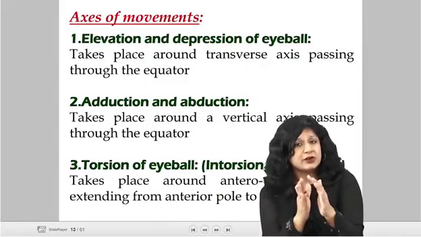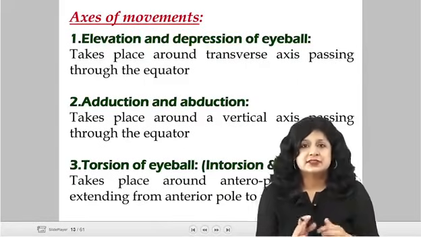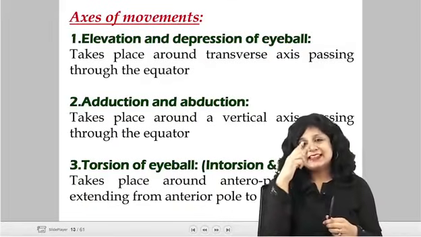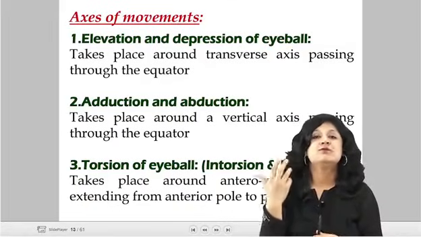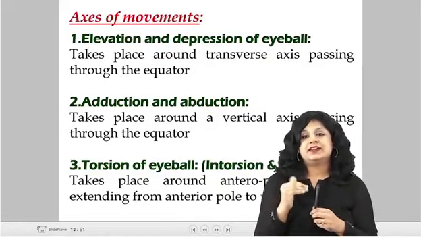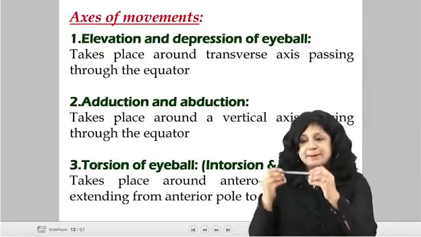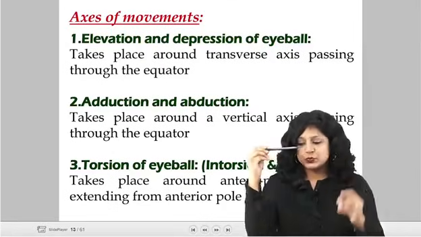Now these uniocular movements can be divided into three axes. We have got three axes in the eye in which the movements can take place. If you take the first one, the elevation and depression, this is taking place through this transverse axis.